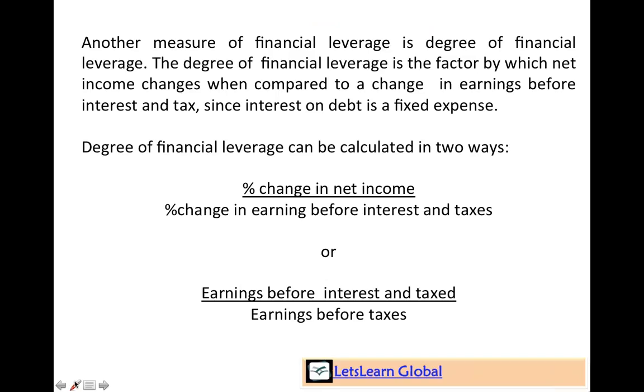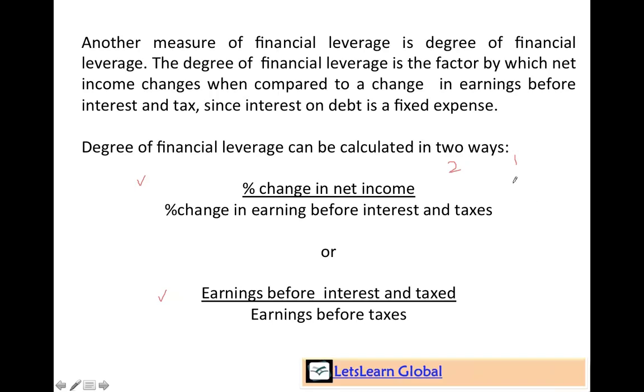And remember, in financial leverage and operating leverage, you have two formulae based on the information given. If 2 years of income statements are given, year 1, year 2, you should use this formula: percentage change in net income. What was the net income last year? What is the net income current year?